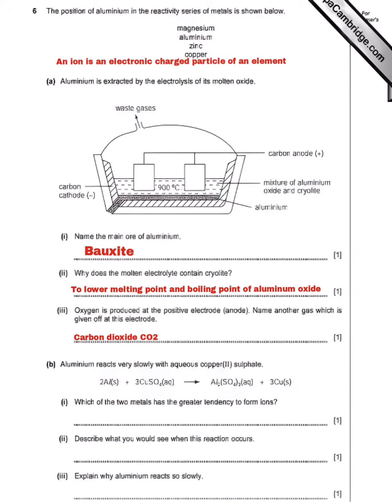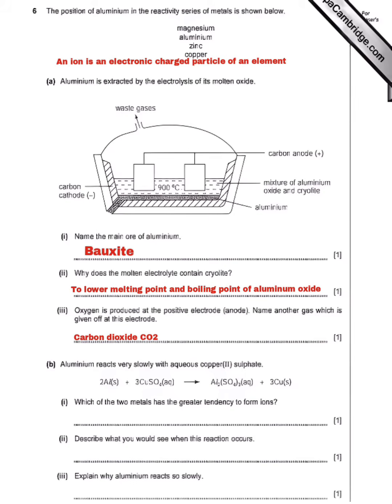For an element to form an ion, it should undergo ionization. Ionization is the ability of an element to lose or give out electrons, or gain electrons. So once an element loses or gains electrons, it becomes an ion.